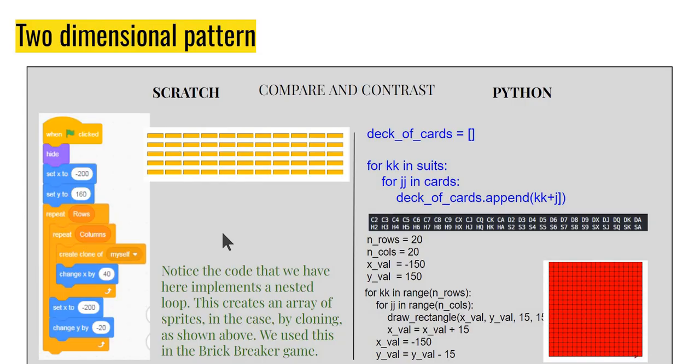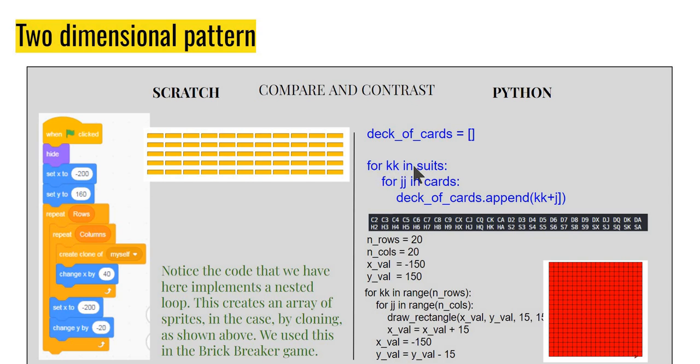Now, before I wrap this up, a little bit of compare and contrast is in order. Remember, previously we have done a double loop, for example, in our pixel art project in Python, where we created this grid of squares using this nested loop, right? So a loop inside a loop. In fact, it's very, very similar to what we are doing here, except that previously we used a range function. So that gave us numbers like 0, 1, 2, 3 until, in this case, 19.